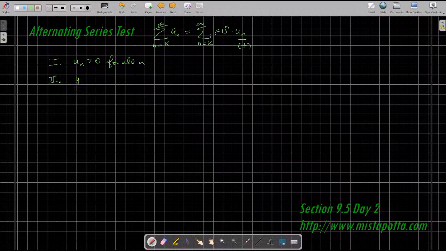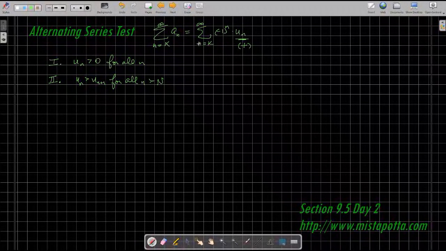In other words, u sub n has to be greater than u sub n plus 1 for all n greater than N. In other words, there's going to be some point where every term after this is going to be smaller.